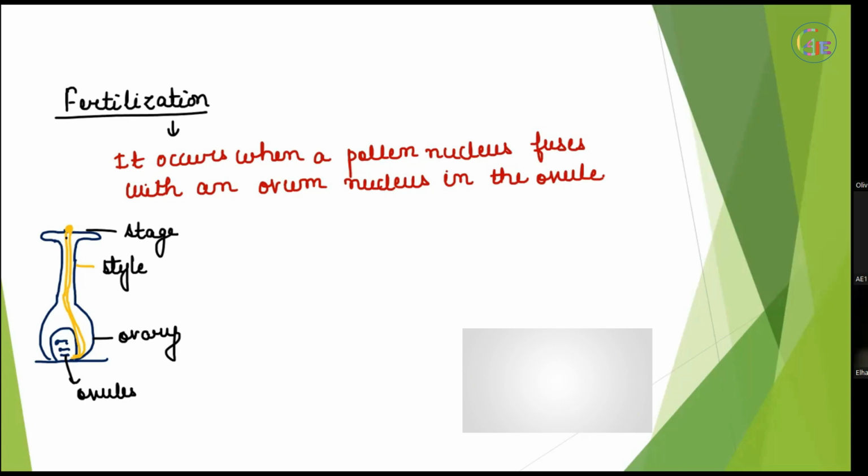Ovules contain an ovum, and the ovum has the female nucleus that the male nucleus can fuse with. The nucleus coming from pollen is a male nucleus, and it is coming just to fuse with the female nucleus. And that female nucleus is present inside the ovules.